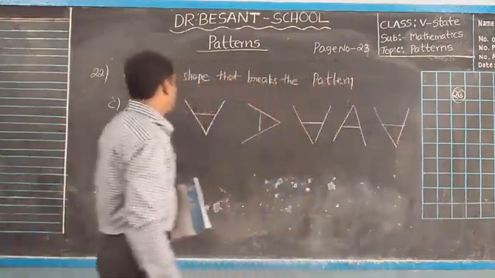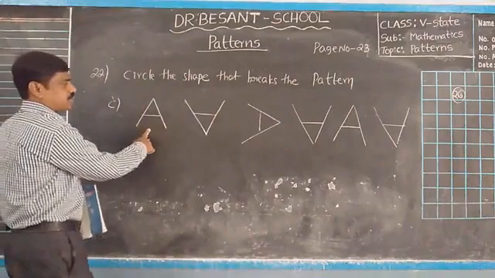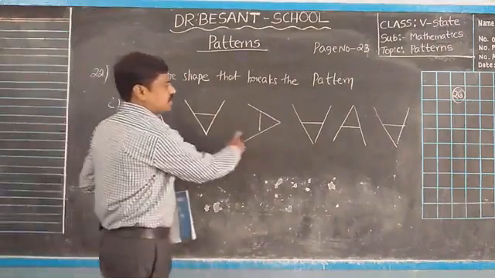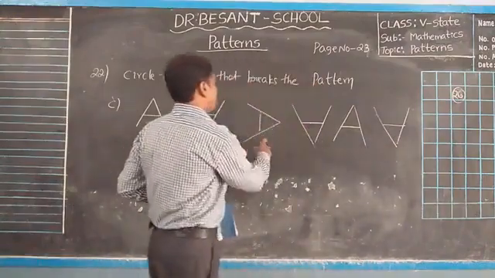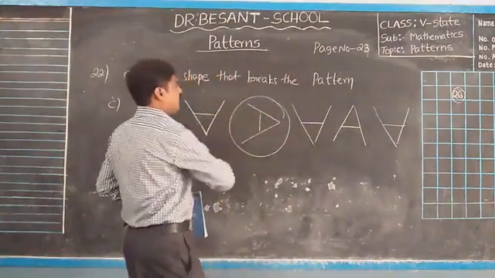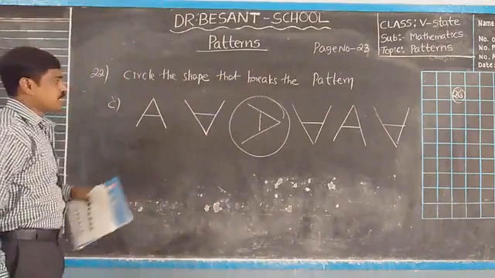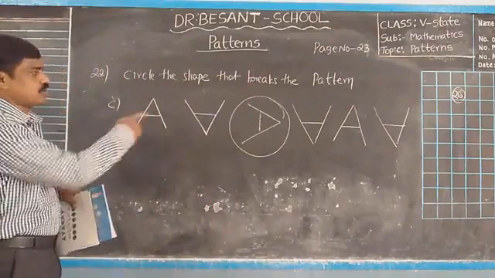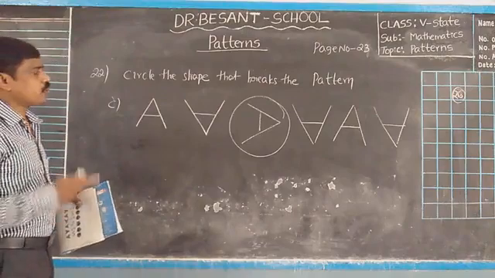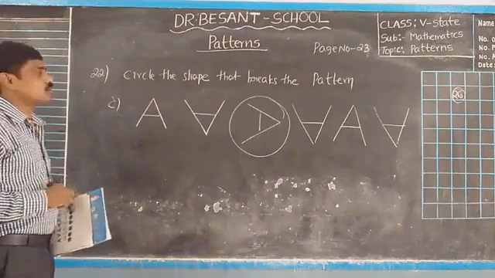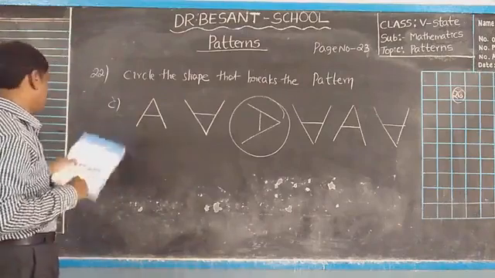C, observe here. Here A, C, complete reverse. This is complete reverse. This is A. This is complete reverse. This is only one. So circle the shape that breaks the pattern. So 1, 2, 3. The third one, okay, broke the rule. So that's why you have to circle.